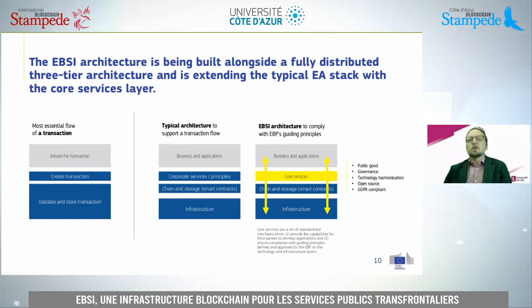And we will go a little bit later into the details of which services EBSI provides. And these core services enforce the values of EBSI: public goods, governance, technology harmonization, open source, and compliance to the legal framework in Europe. And then you have the technical infrastructure itself, with blockchains, storage systems, smart contracts, and so on, stored in the infrastructure, which is operated together with the 29 member states.